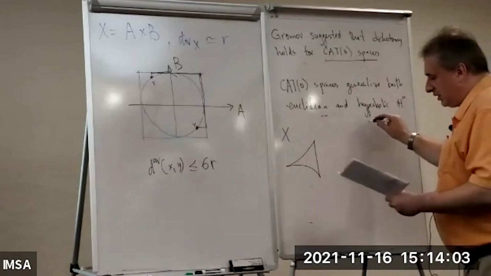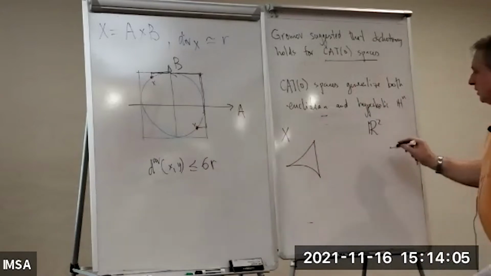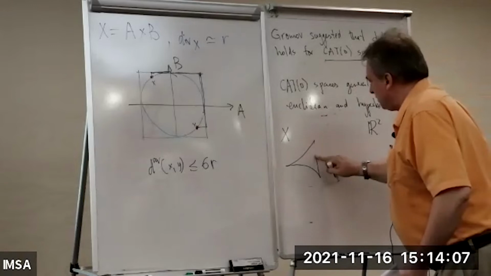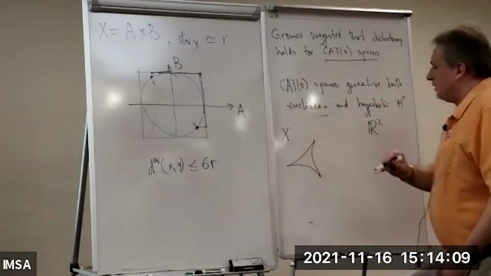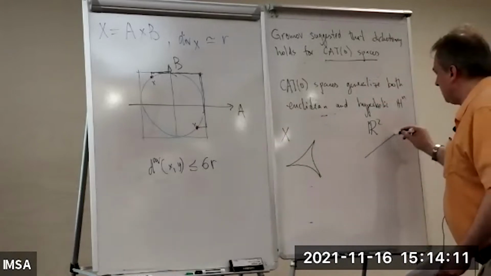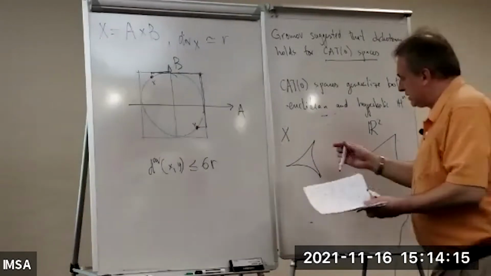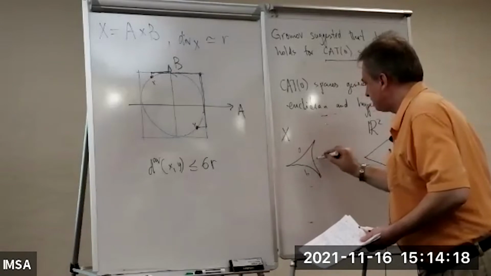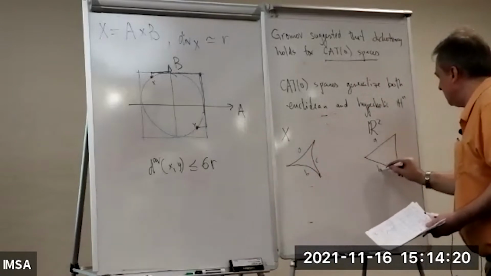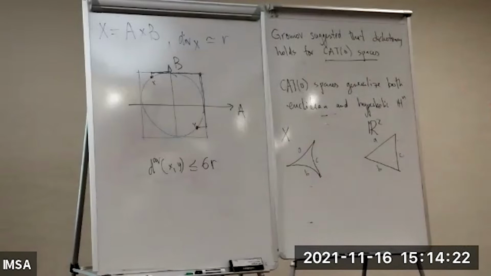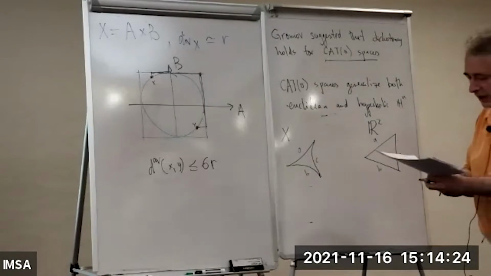So we have a triangle of geodesics in our space X and a corresponding triangle in R2, with the same side lengths. They always exist by the triangle inequality.